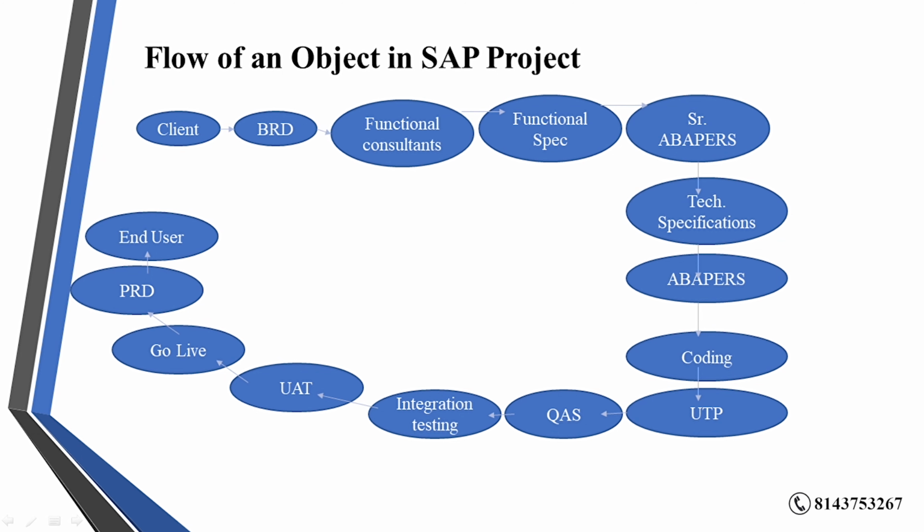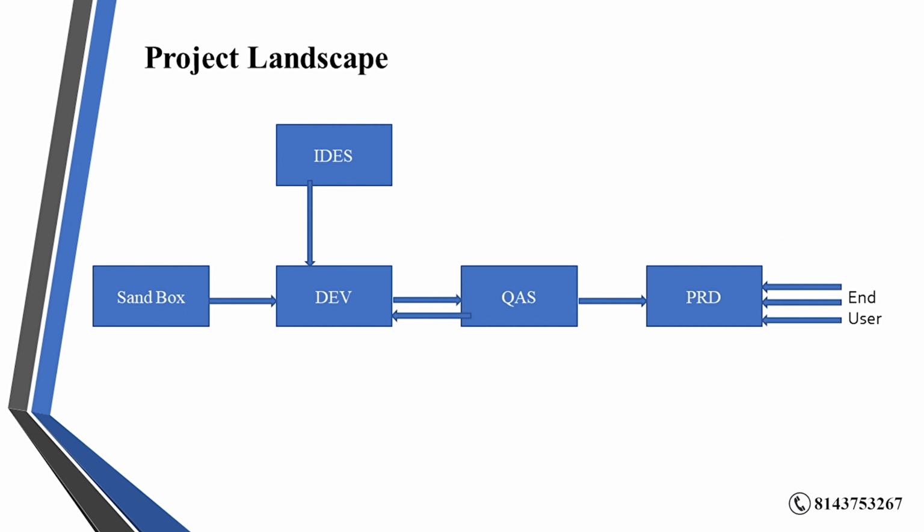Okay. Next, how will the project landscape be? Some companies will have different types of landscape. Some companies will have a three-tiered architecture, some will have a four-tiered architecture, and some will have a five-tiered architecture.